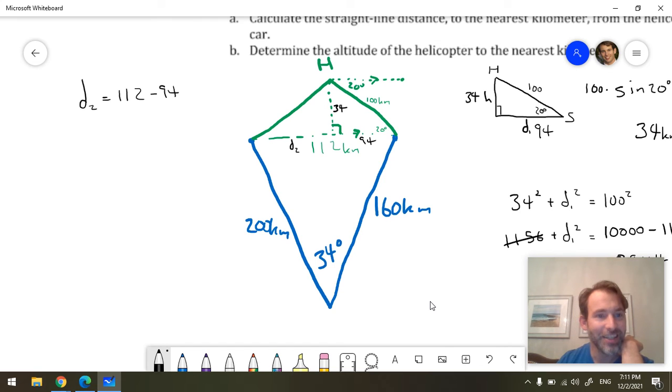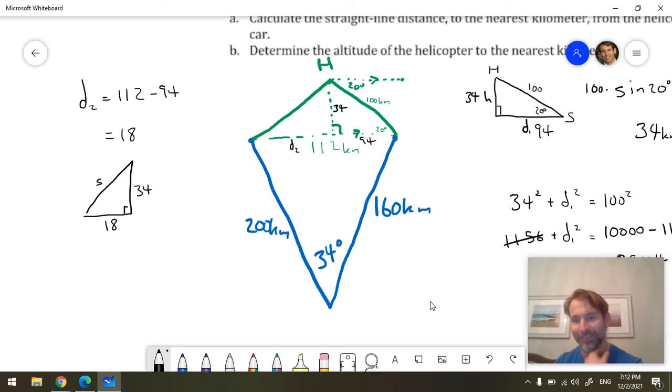Okay, now that's 18. And now I can draw this triangle. 18, right angle here, 34. And we don't know the straight line distance, so we'll call that S for straight line distance. Okay. And now we would have 18 squared plus 34 squared equals S squared.